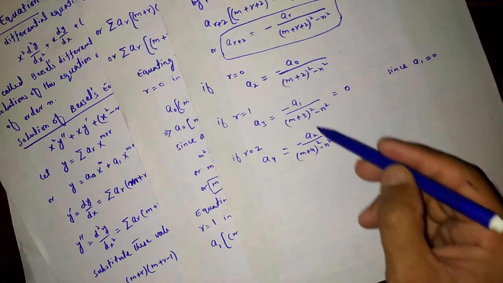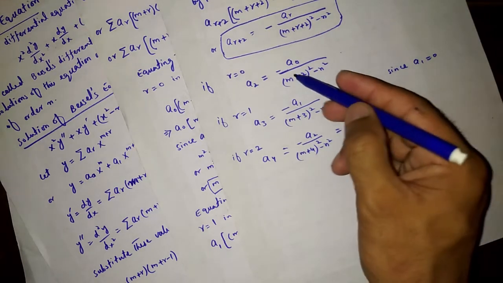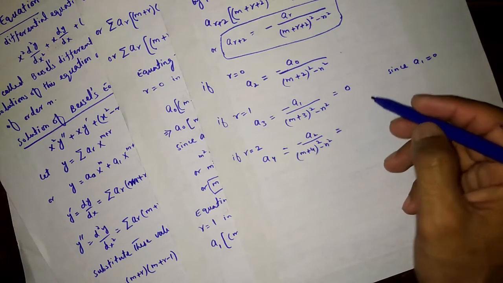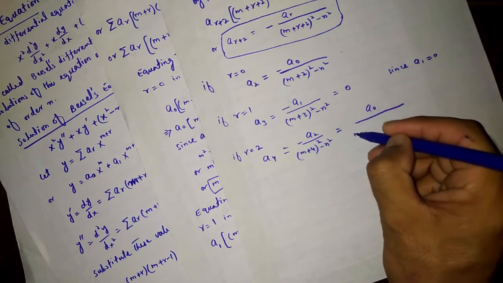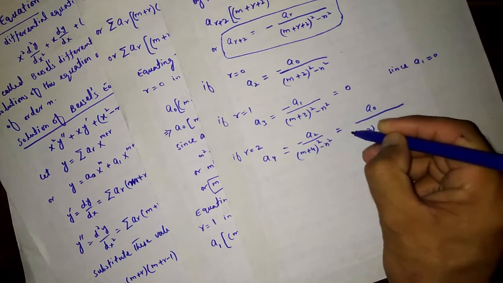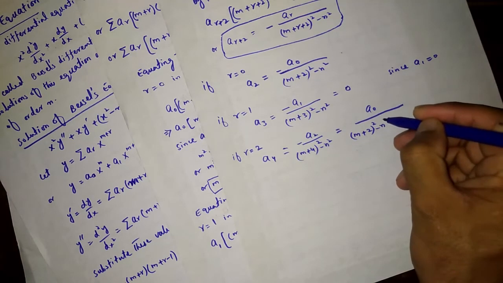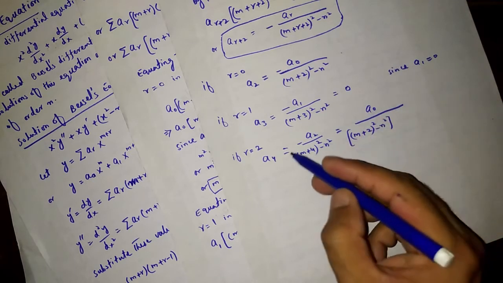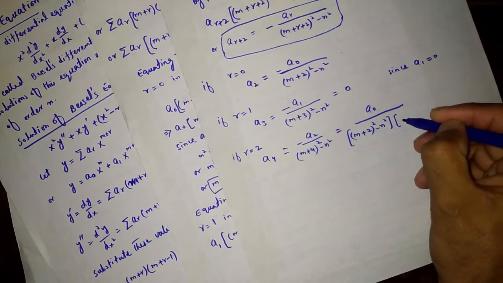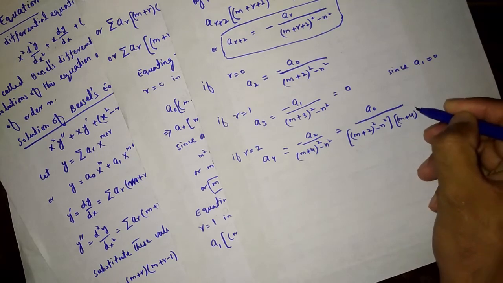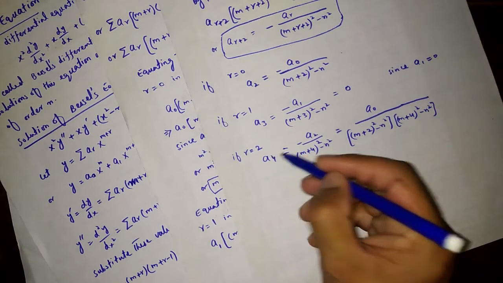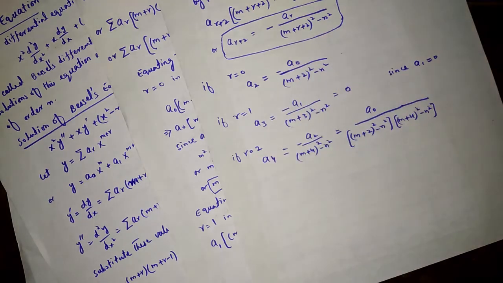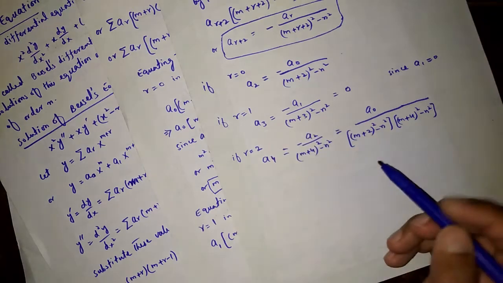And if you substitute a2 here, the negative sign will become positive, and we will get a0 divided by m plus 2 whole square minus n square, times m plus 4 whole square minus n square. So this is a4.